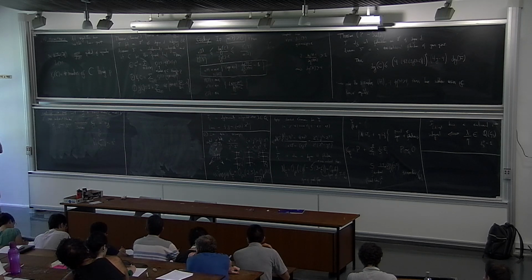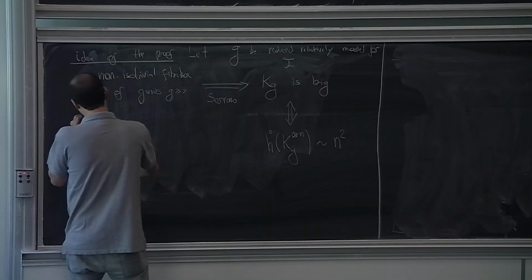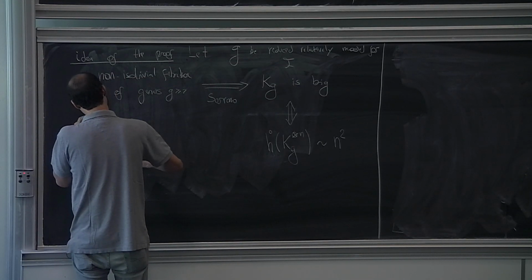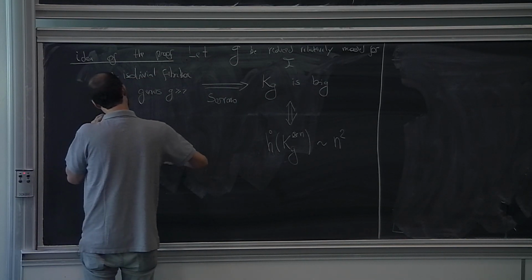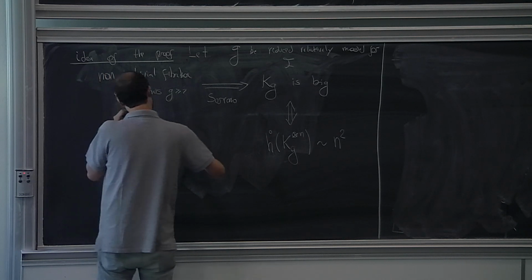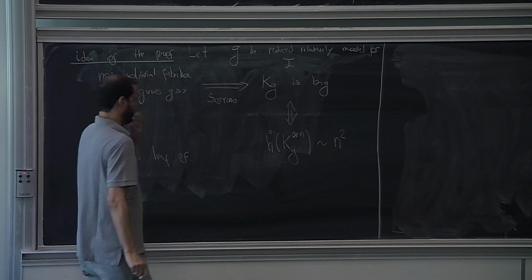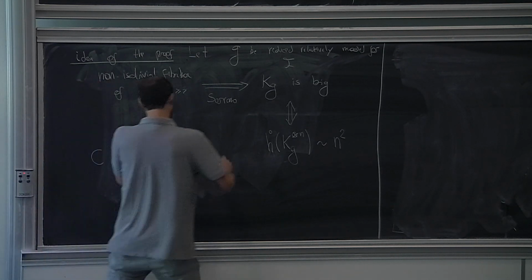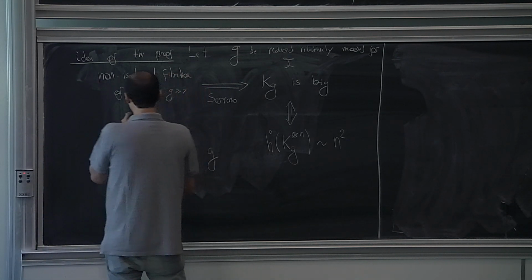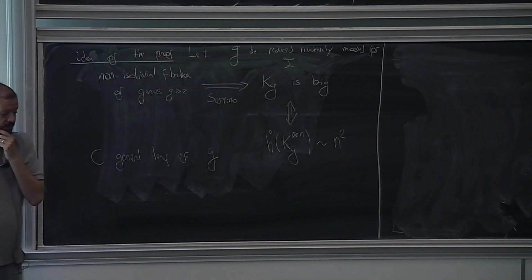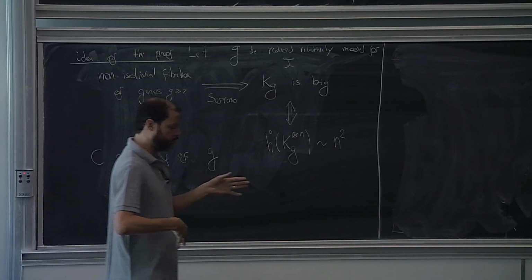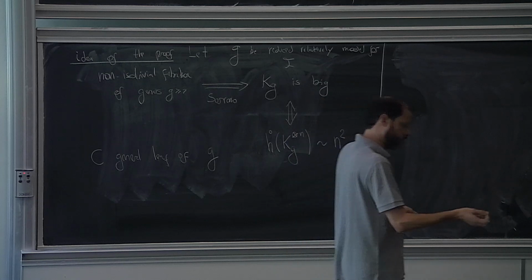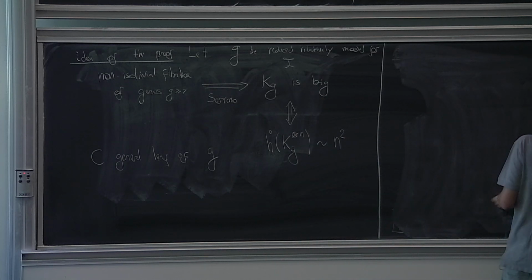At the same point, if C is a general leaf of G, since we are assuming that we are in the fibration case, when I look at this general leaf, there will be no singularities of G on it.